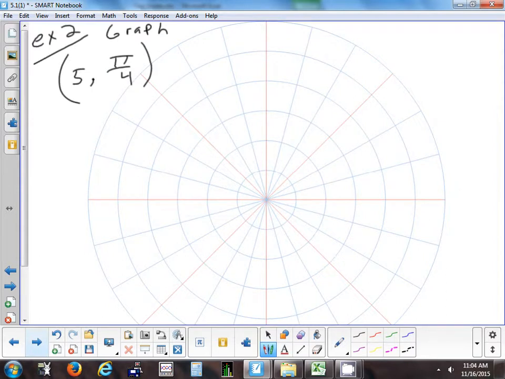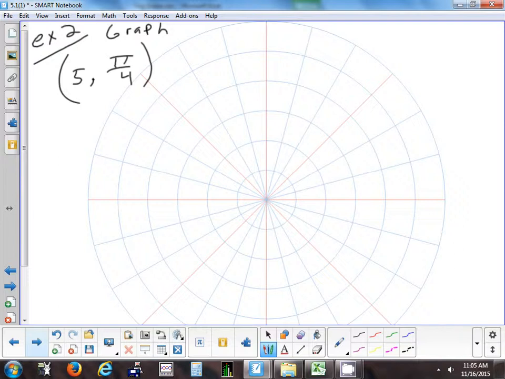Okay. 5 comma pi over 4. This time your radius is positive, your angle's positive. But Nathan, what's the difference with this one? It's in radians. So if we're not sure where this is, might be a good idea to change to degrees first and then graph it. Does anybody remember what that is in degrees?